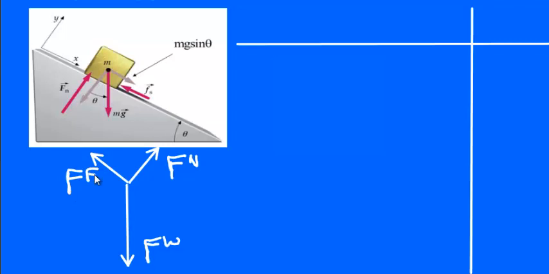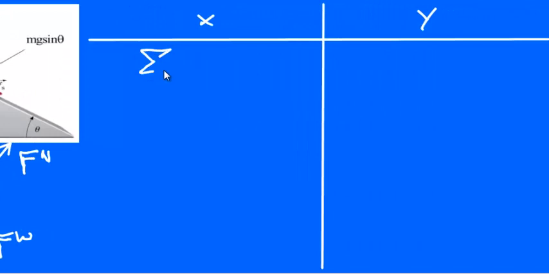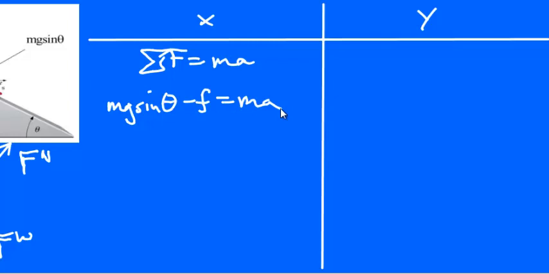And that means when you come over here to write F equals ma in the x and y direction, you're just going to end up with an extra term. So before we had mg sine theta, and now we're just going to say minus F equals ma. So there's your new term. It's just going to add an extra term to your equation.